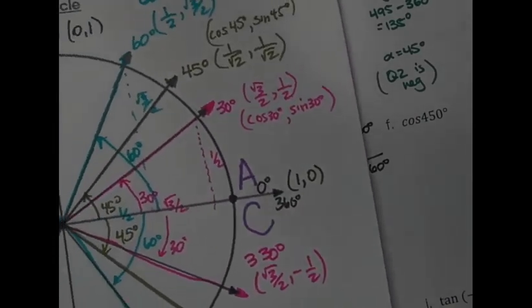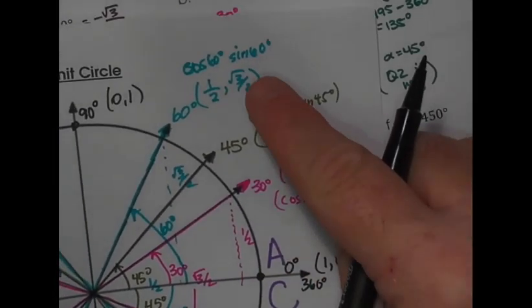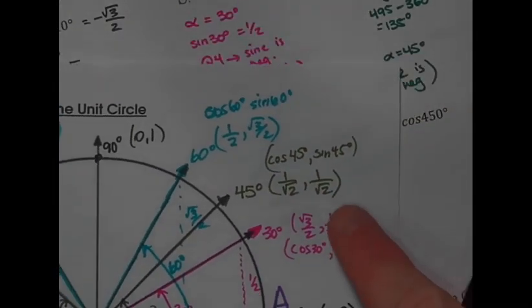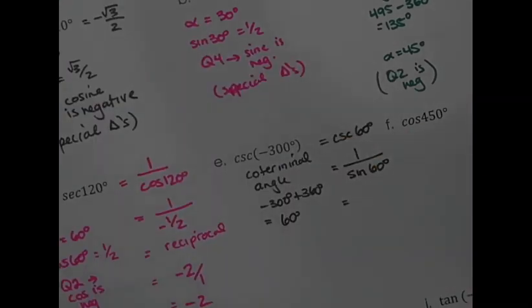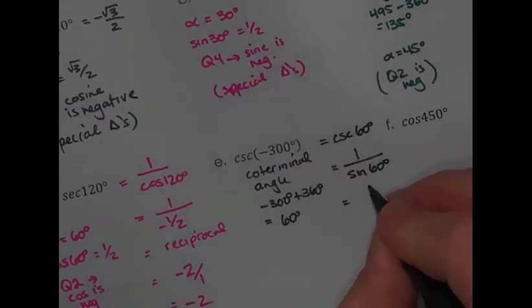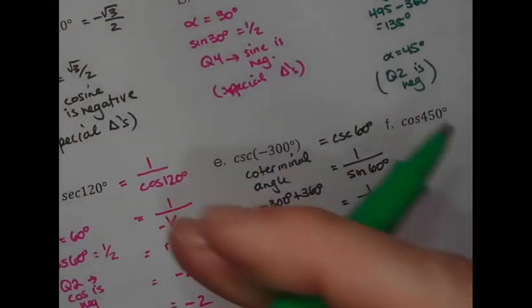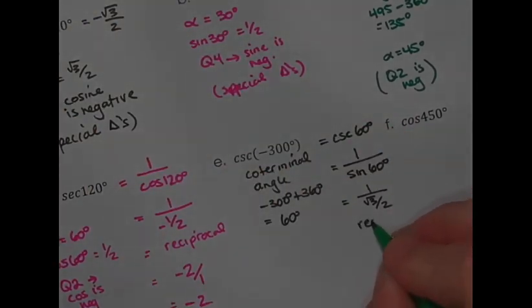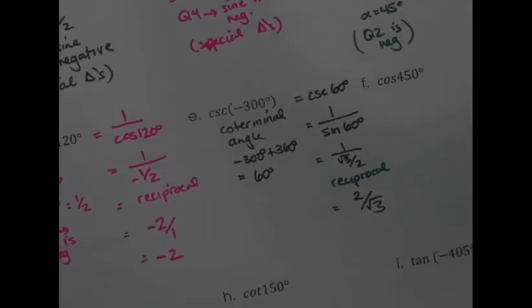And sine of 60 degrees is root 3 over 2. I can think of the reciprocal now, so I can get that.